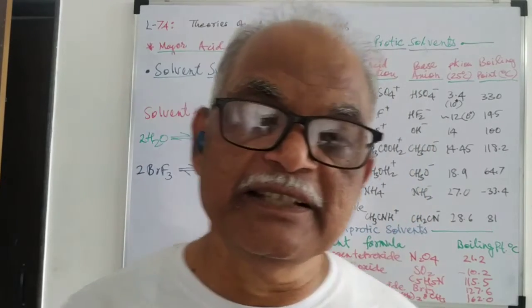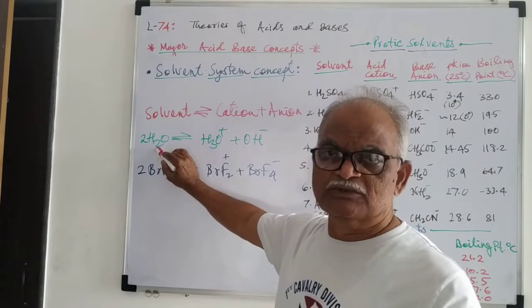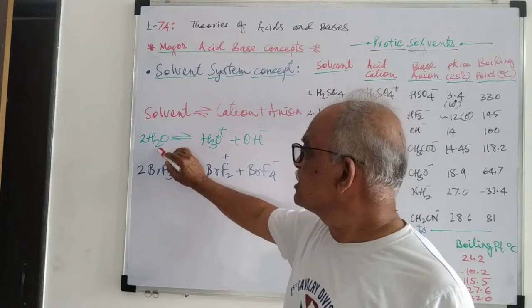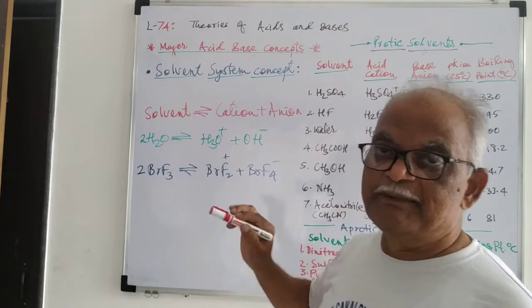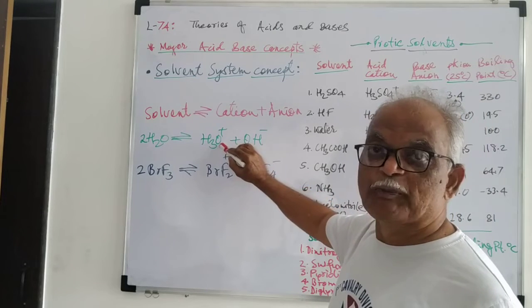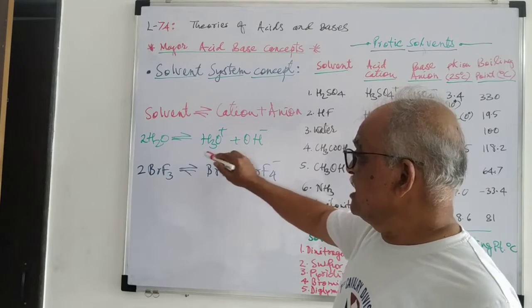As in this case, if we add a certain solute, that is a salt or compound, to water, and that solute increases the number of H3O plus, then that solute is called an acid.